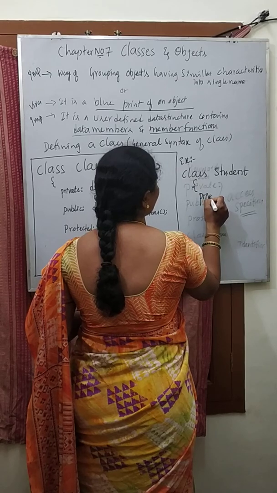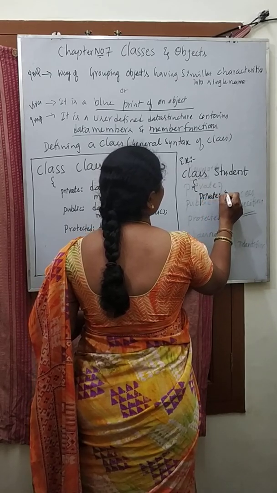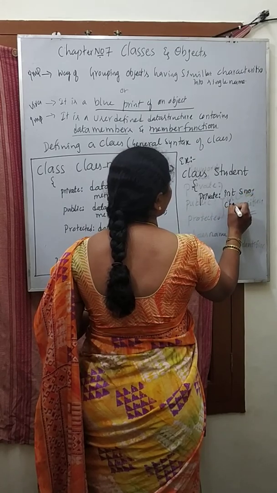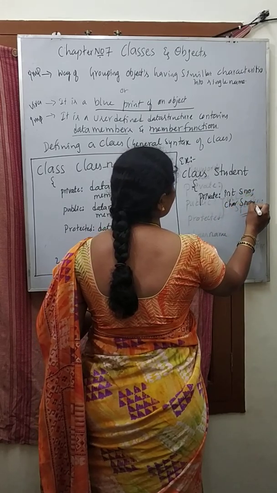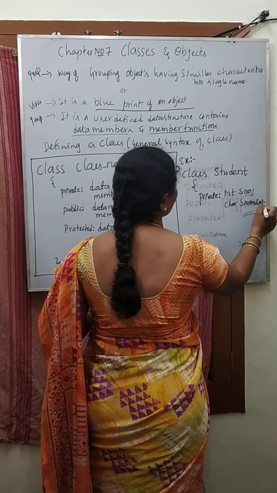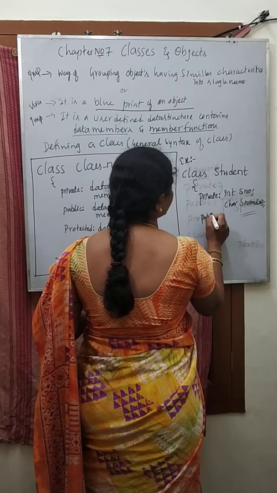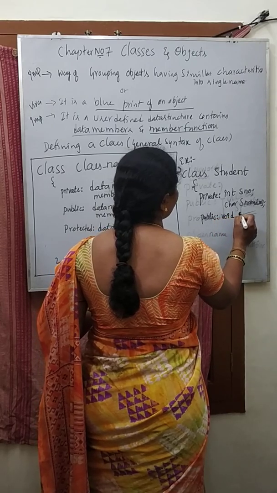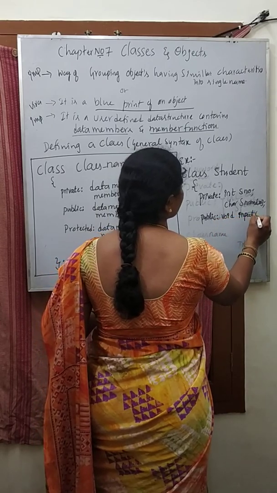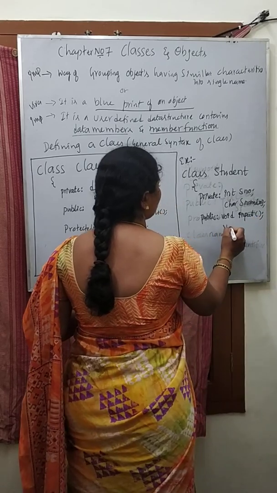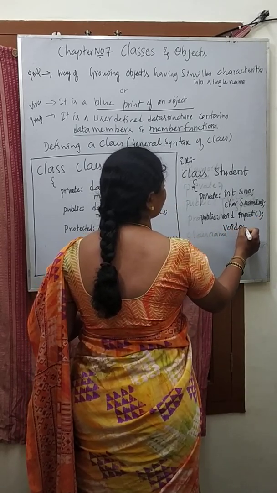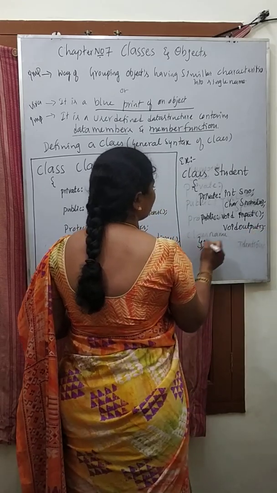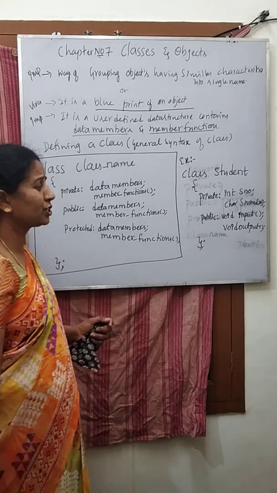Student, private: int s number, char s name of 20; public: void input data, and I am just writing input and output. So these are the member functions. Input and output are the member functions.